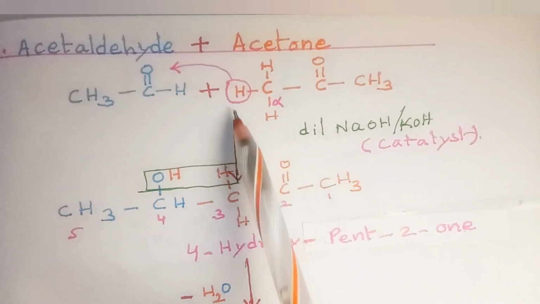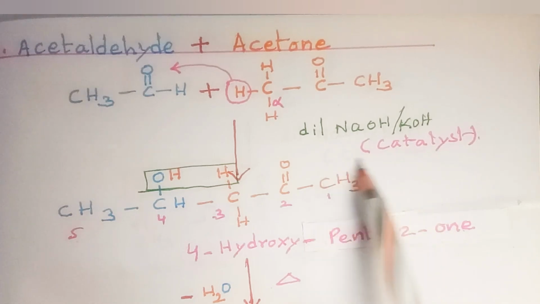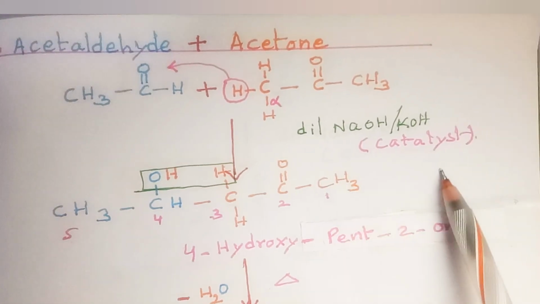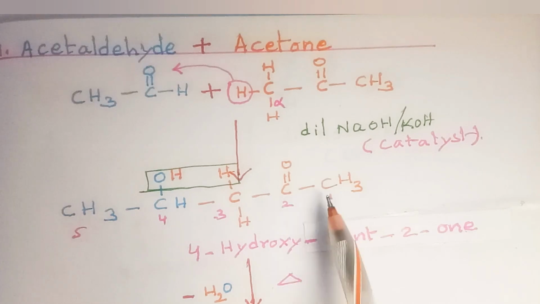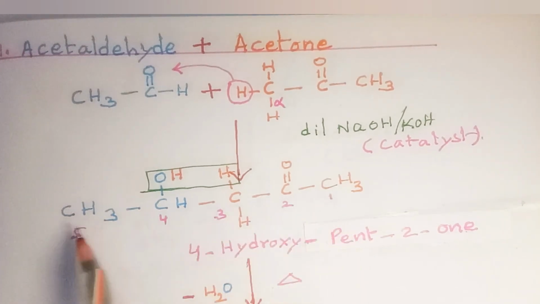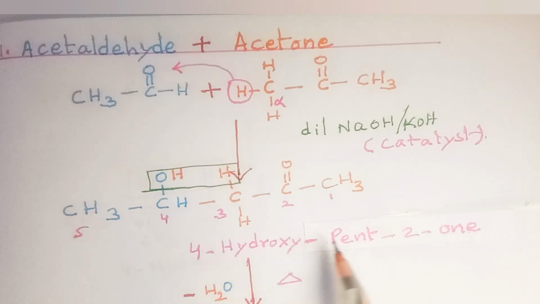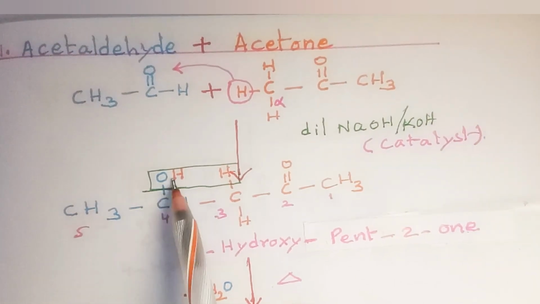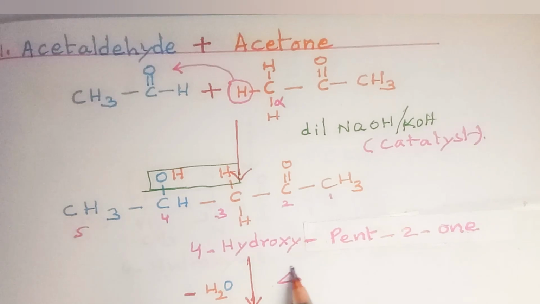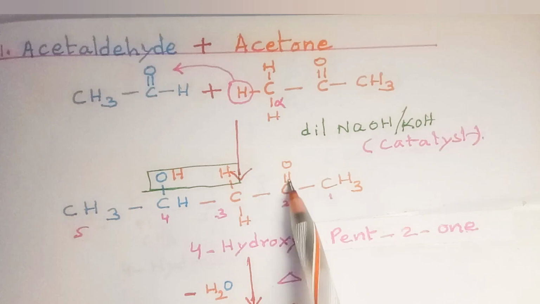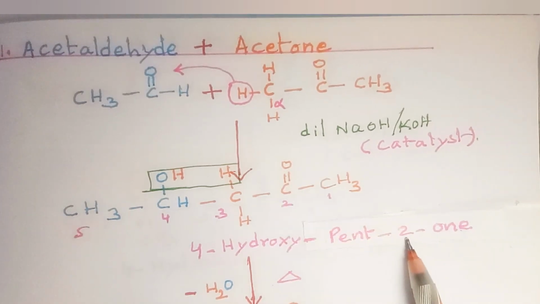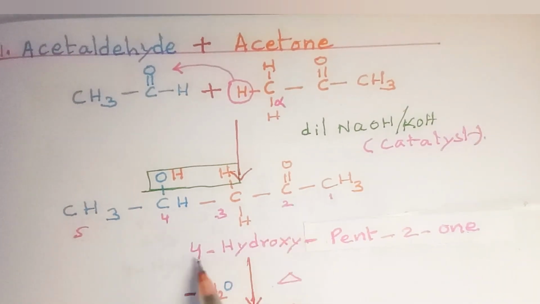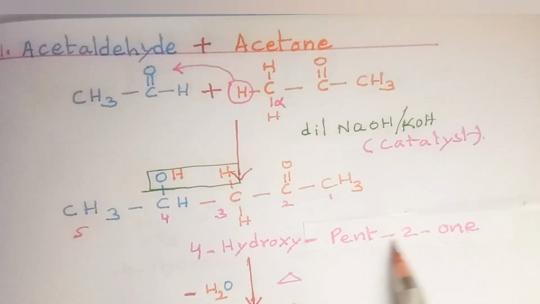This reaction occurs in presence of a dilute alkali like sodium hydroxide or potassium hydroxide. This compound so formed has 5 carbon atoms, so it is a pentane. There is a hydroxyl group present on the 4th carbon atom, so it is 4-hydroxy, pent 2-one, because the keto group is present on the 2nd carbon atom.